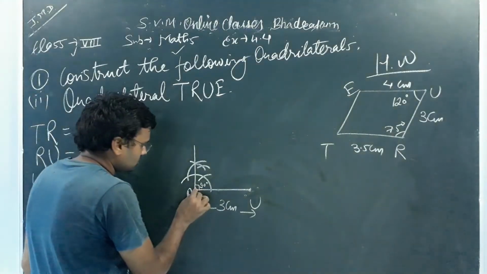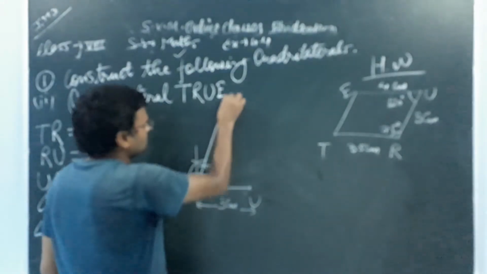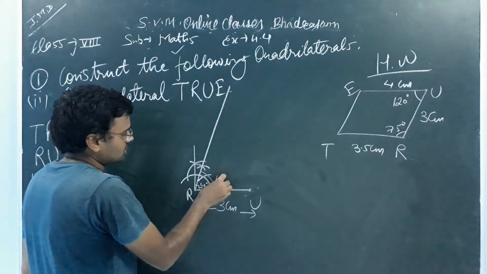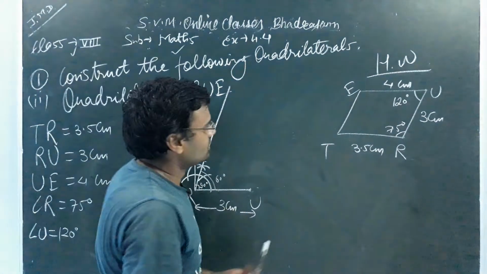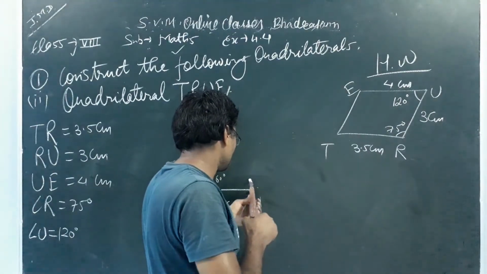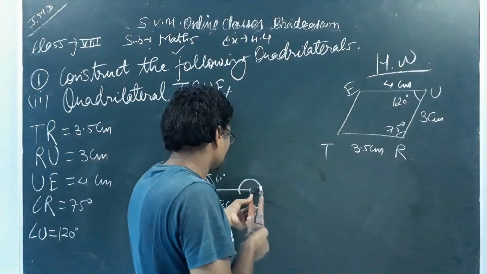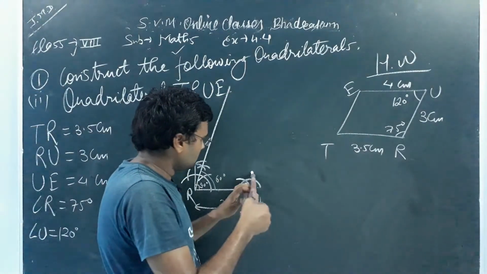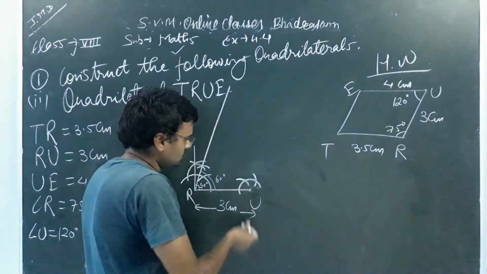Now this is our angle of 60 degree, and at U we have to draw an angle of 120 degree. This is our initial arc, this is an angle of 60 and 60, and this is now 120.